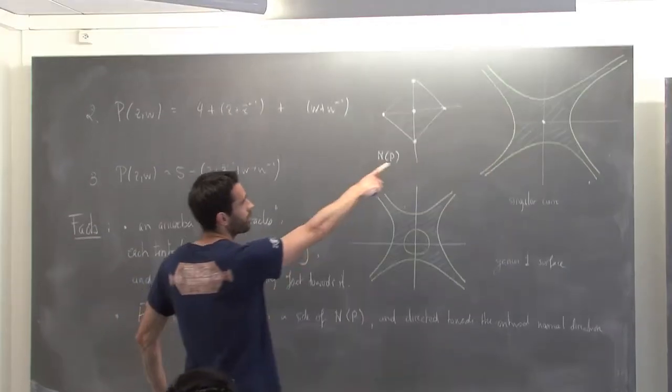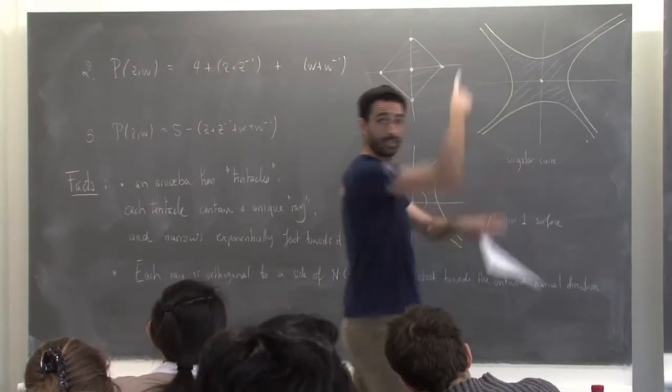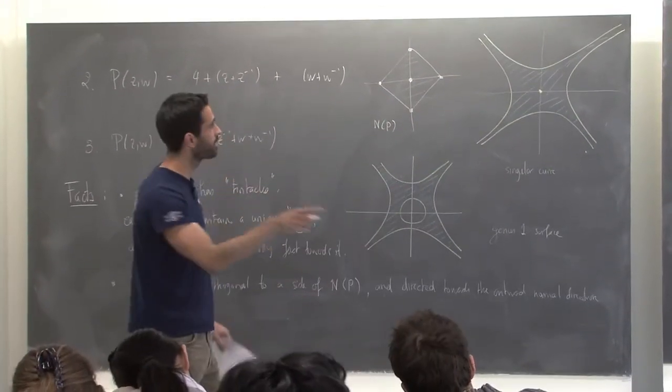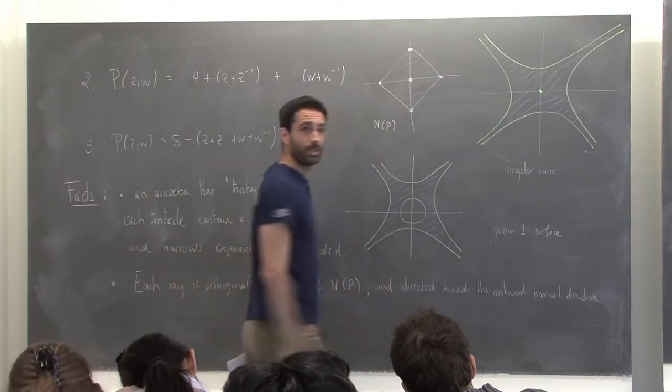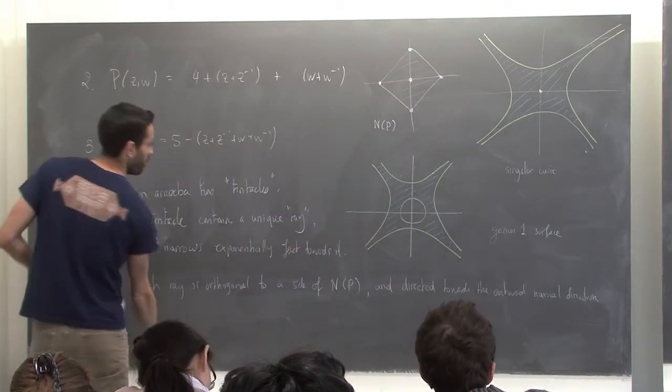Okay, here we see it. We have these 4 different tentacles corresponding to 4 rays. These 4 rays are orthogonal to the sides of the square.